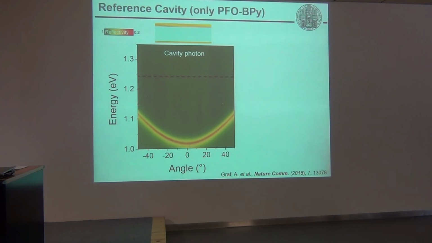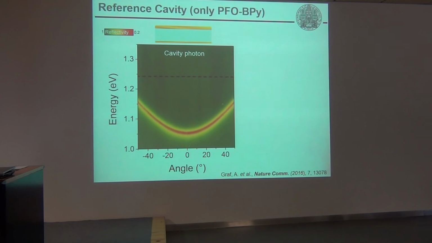If you don't have any carbon nanotubes in your cavity, but just the polymer, then you have just the cavity photon. And so we use this to determine what's the quality of our cavity, roughly. And you would, of course, expect, if you have a simple Fabry-Perot microcavity with lambda half or something like that, that you would see a parabolic dispersion here. So this is just angle coming from the microscope objective that we're using.